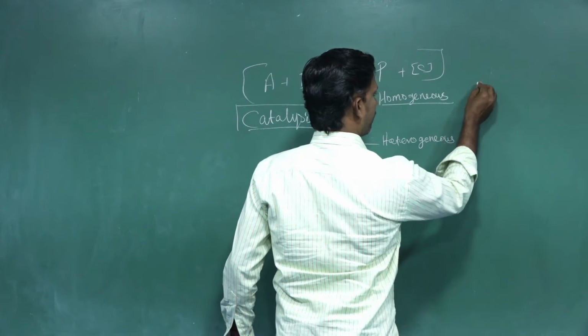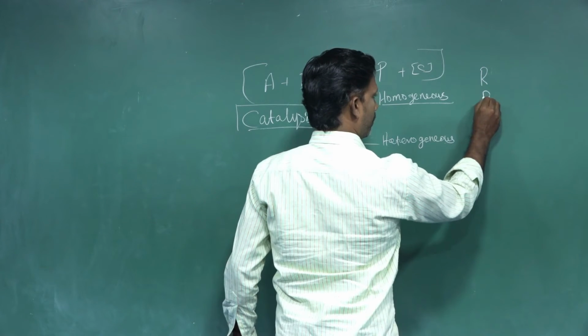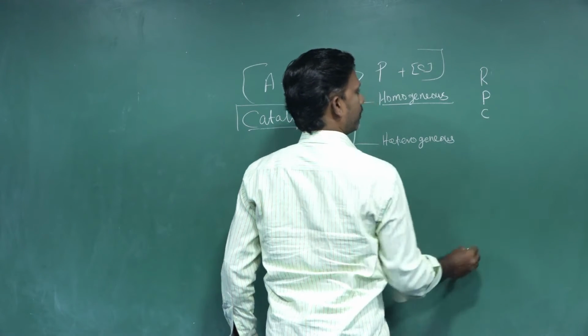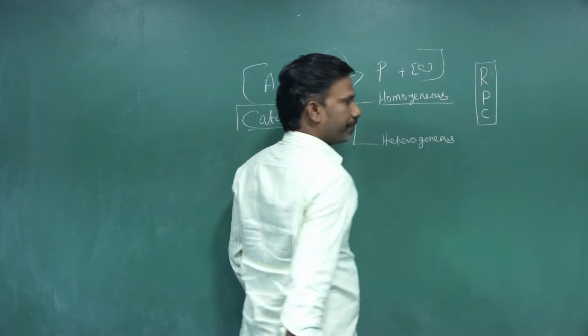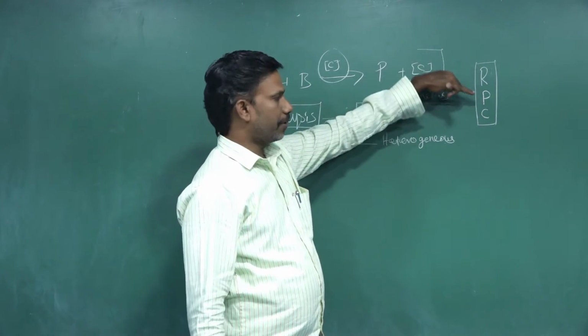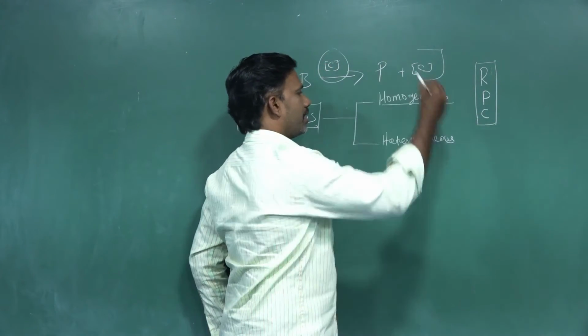So in a chemical reaction, there are three components. One is a reactant, another is a product, another is a catalyst. These are the three main components: reactant, product, catalyst. What is called homogeneous catalysis?